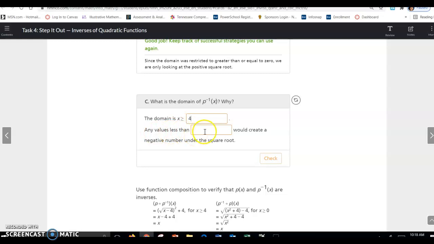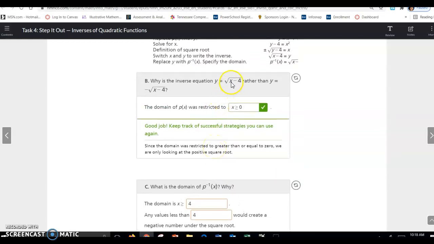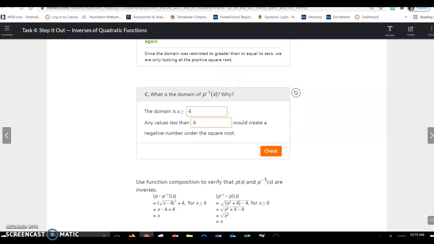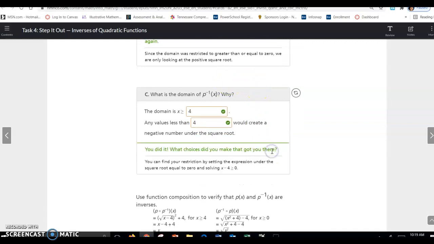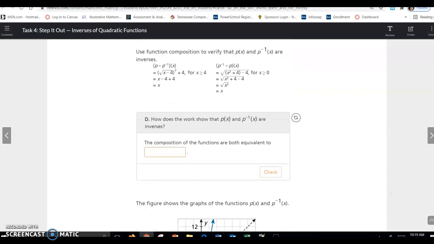Any values less than 4 would create a negative number under the square root. So when you put a 4 in here, 4 minus 4 equals 0. So we can't have anything less than 0 for the domain. So the domain is restricted to numbers greater than or equal to 4.